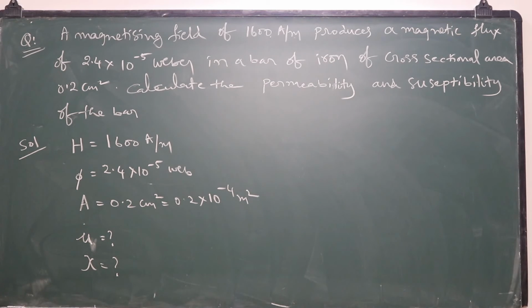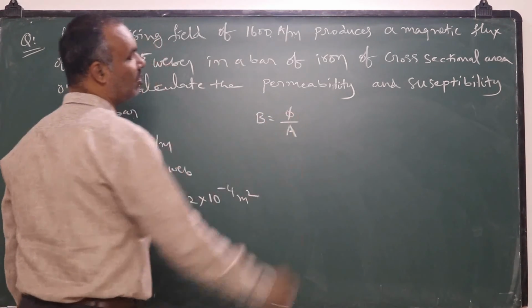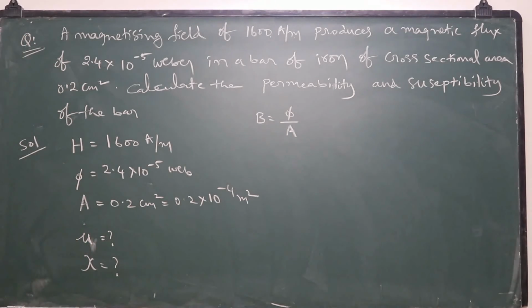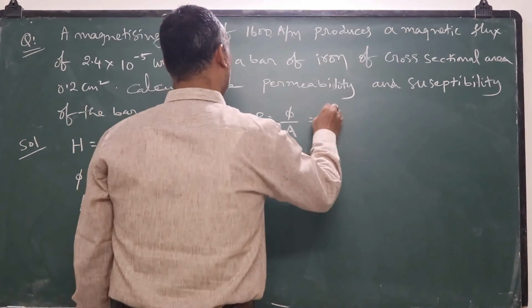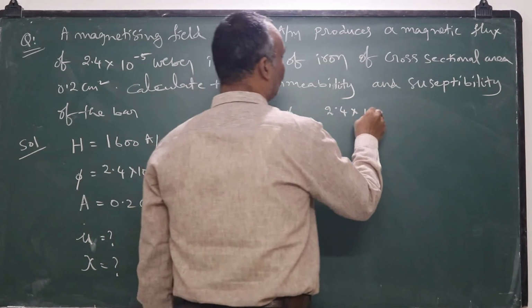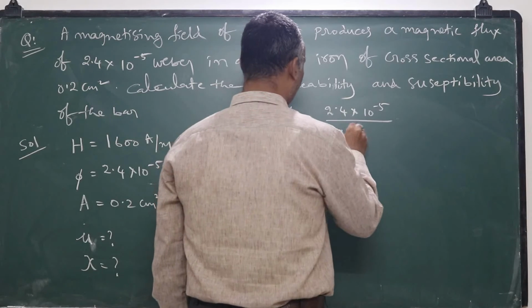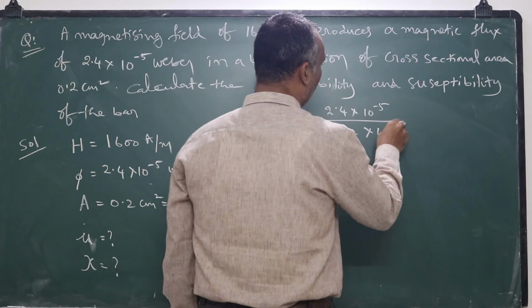You know the basic definition: magnetic flux density is flux passing through unit area. The flux value they gave is 2.4 into 10 power minus 5 by area 0.2 into 10 power minus 4.